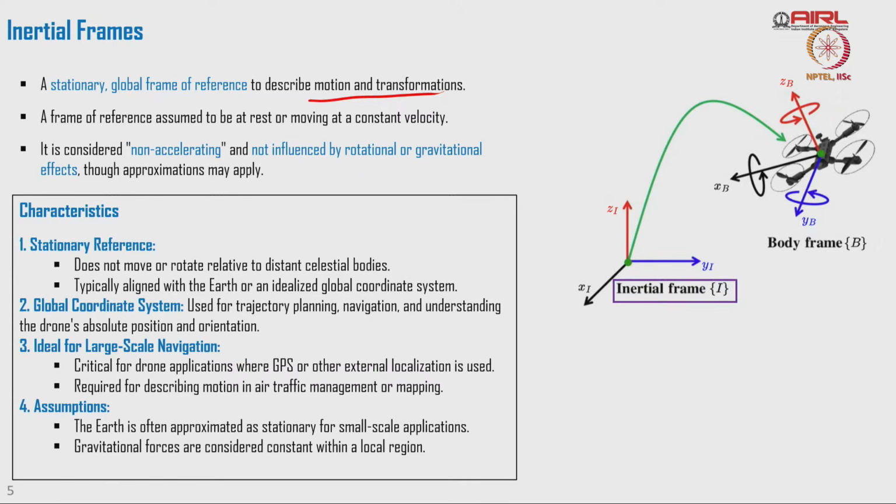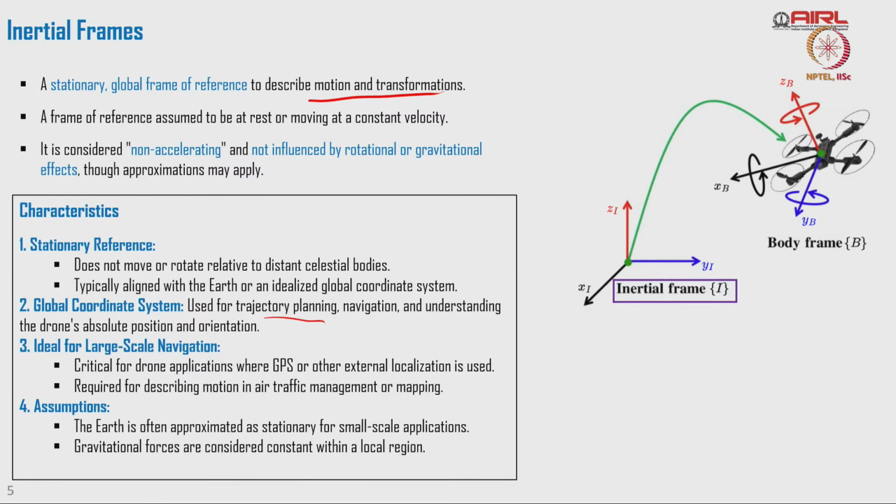What are the characteristics we are looking at in the inertial frame? It's a stationary reference frame, right. Just to give you a recap, I am reiterating this. It does not move or rotate relative to the distant celestial bodies, right. Typically aligned with Earth or an idealized global coordinate system. It is generally used as a fixed frame of reference.